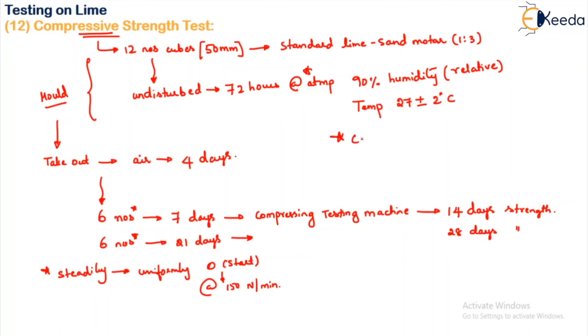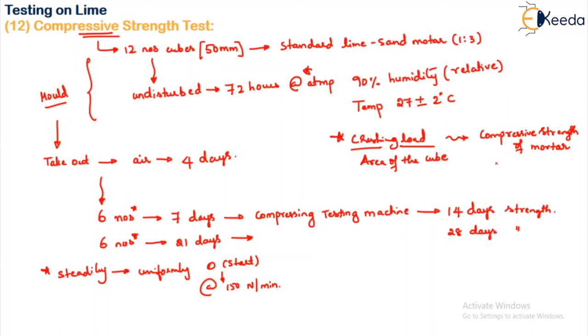So the crushing load, whatever is there, divided by the area of the cube will give the compressive strength of the mortar. Okay, so generally this is at 14 and 28 days.